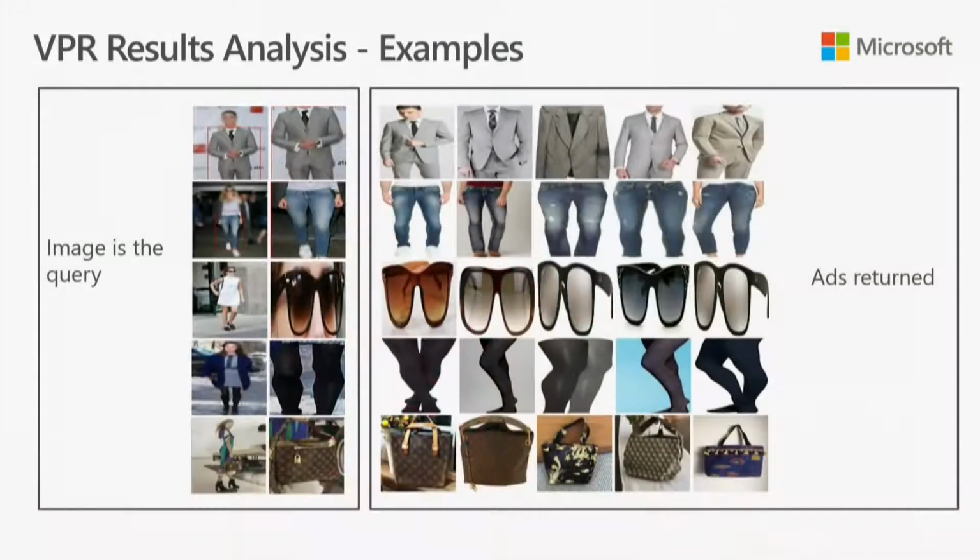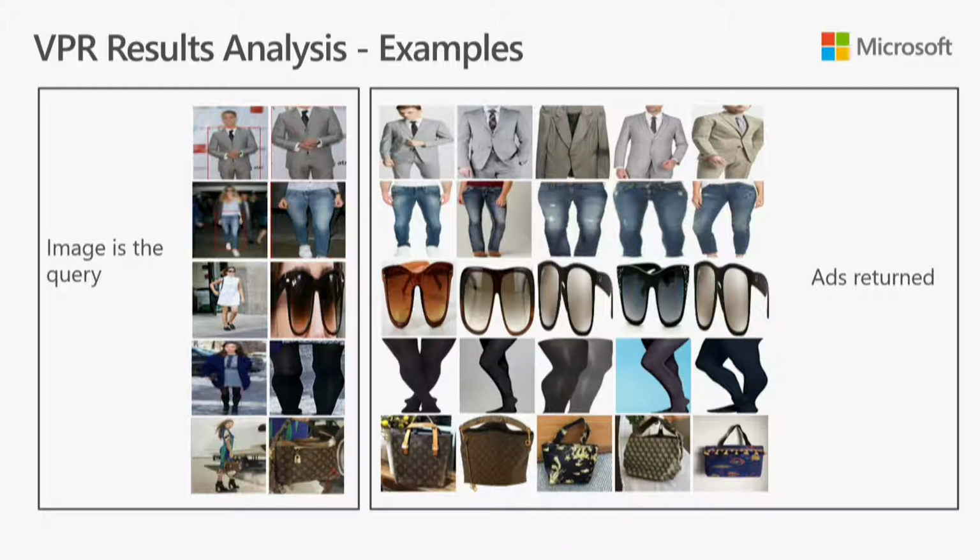Here are some example results we tested on user-captured images. It's a very challenging test set because, for example, some images have a very noisy background and the target products are cropped out. The first column is the original image. The second one is the cropped products.